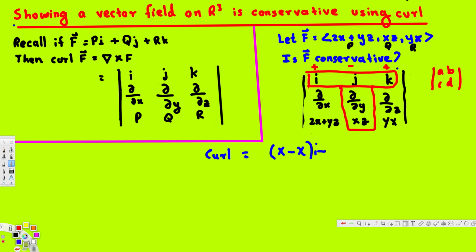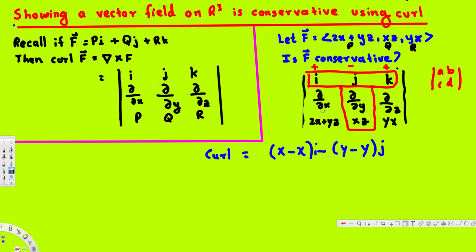On the opposite side, we take the partial derivative of 2x plus yz with respect to z. The 2x becomes 0, because it's a constant, and the derivative of a constant is 0. And for yz with respect to z, z becomes 1 and y remains, so this is just y, and this is our j component.